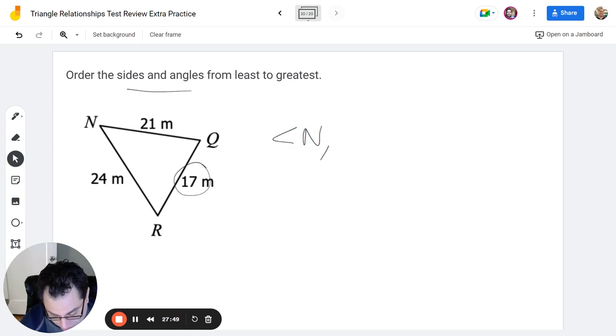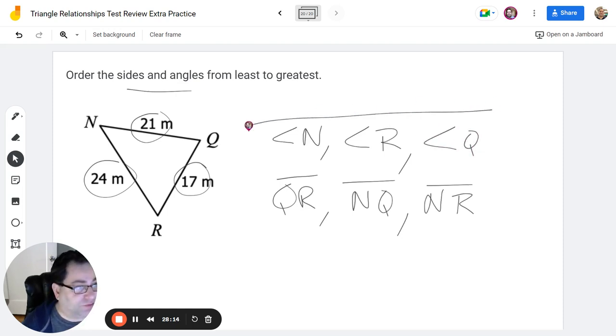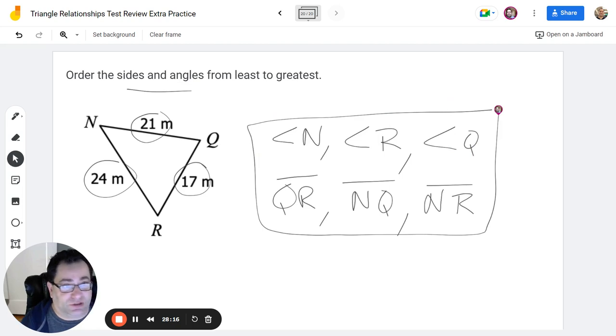That's going to be Q and R. Next is 21, that's angle R, and then N and Q. And lastly, the largest side is NR, and we look here, and angle Q is opposite it. So we have three sides, three angles, least to greatest.